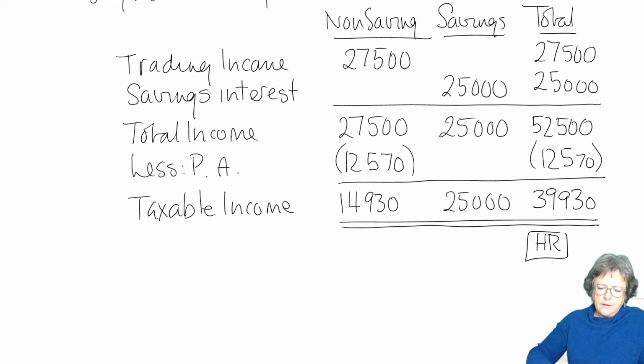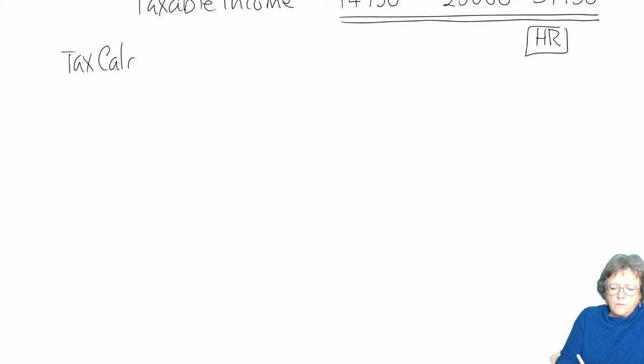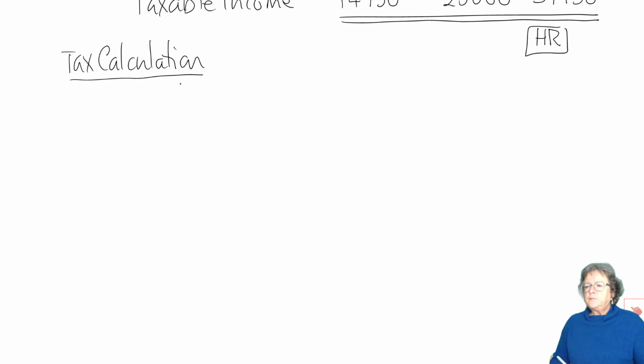So let's have a look at part 2 of our computation and do the tax calculation. Nice, clear, well labelled. Okay. So again, remember the order. Non-savings, savings, dividends.